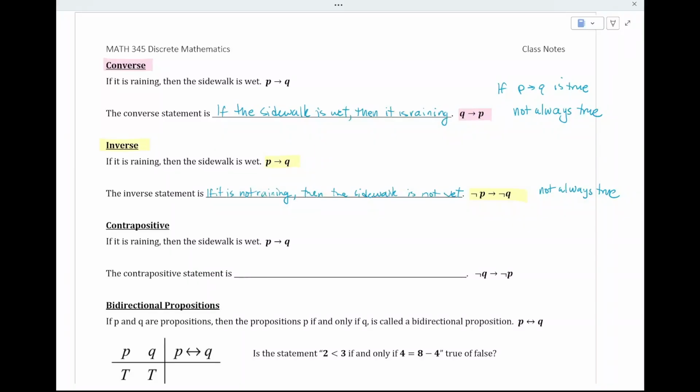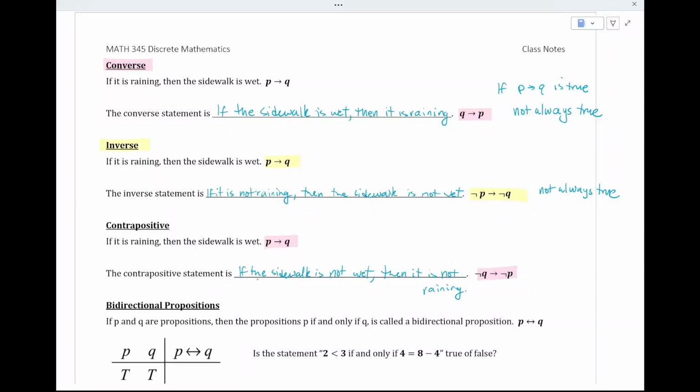The next one that we're going to look at is called the contrapositive. So we have P implies Q. The contrapositive would be not Q implies not P. So it's like the inverse of the converse. It's like these two combined together. The order is opposite and we have the nots. The contrapositive statement is, if the sidewalk is not wet, then it is not raining.